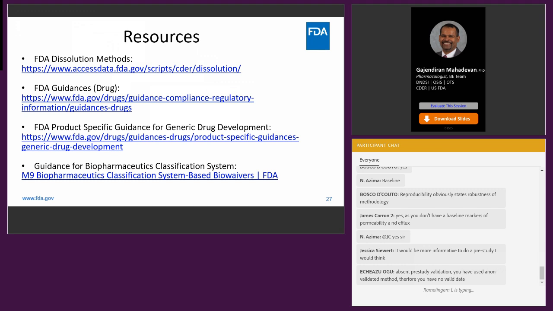The second one is guidance for drug. The third one is the product-specific guidance for generic drug development. And the final one is the guidance for the biopharmaceutics classification system. This is the new guidance published in 2021. Please have a look at it.